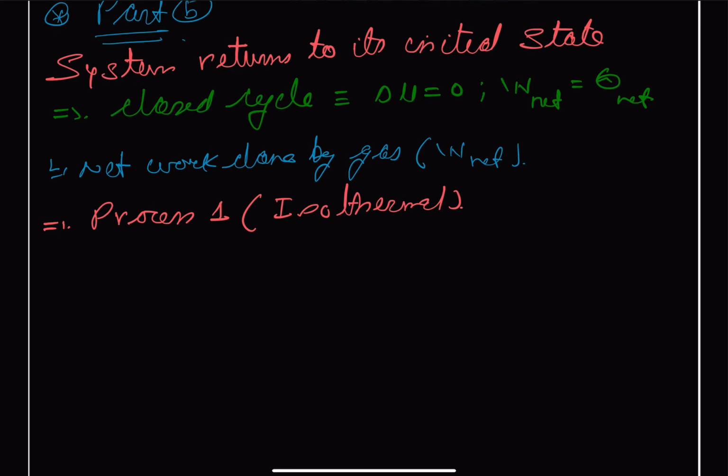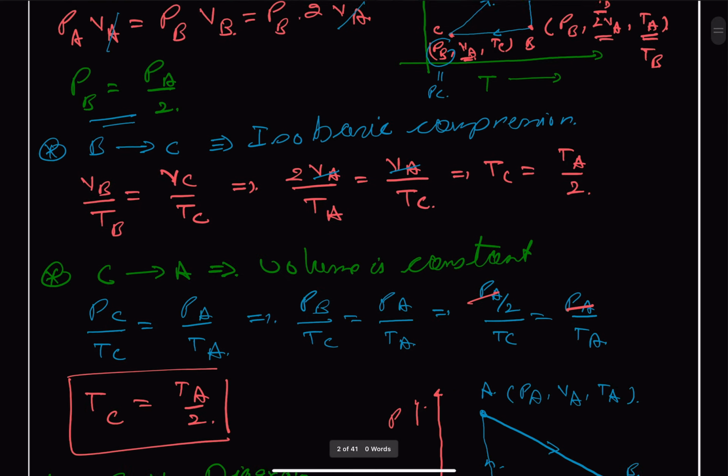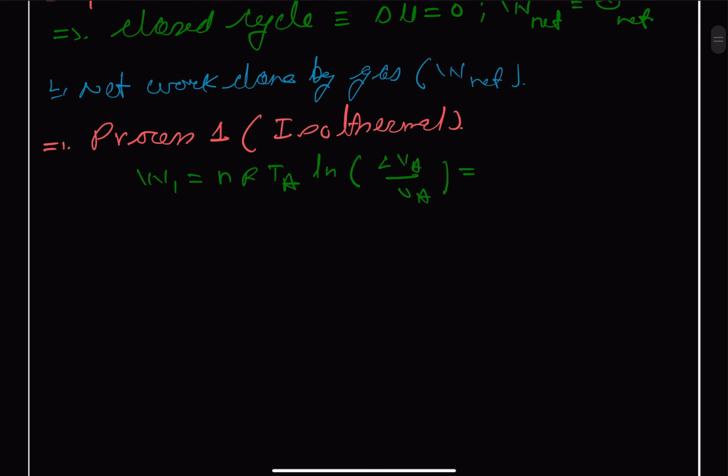So because of this, the work done, suppose W1, will be equal to nRTA natural log of final volume, that is twice our initial volume. Three moles are given, so with n as 3, this comes as 3RTA natural log of 2.